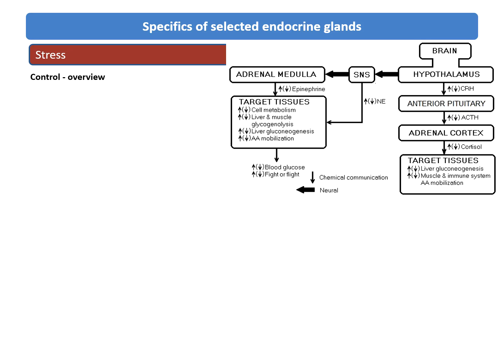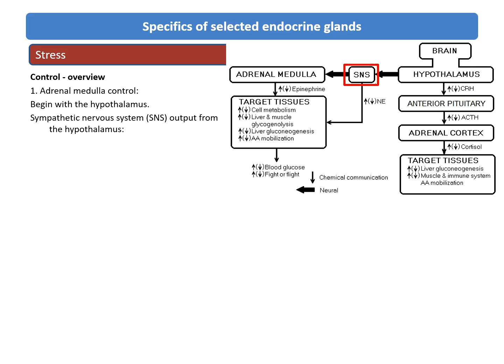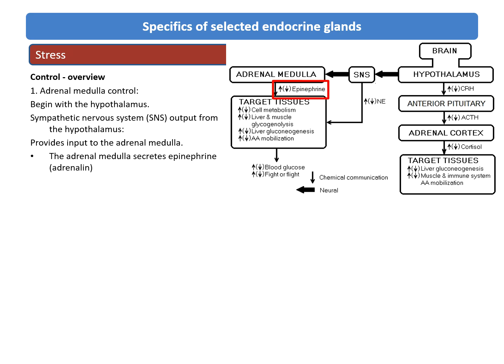Let's look at an overview of control. Looking at the adrenal medulla first, it begins with the hypothalamus. Neural output of the hypothalamus is the sympathetic nervous system. The system provides input to the adrenal medulla, which then secretes epinephrine, another name for adrenalin.